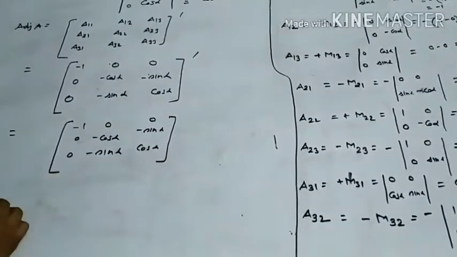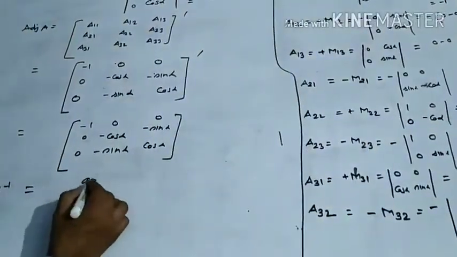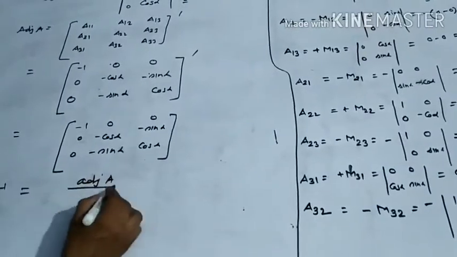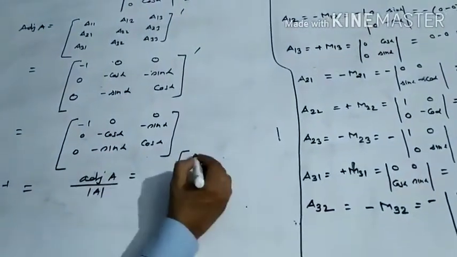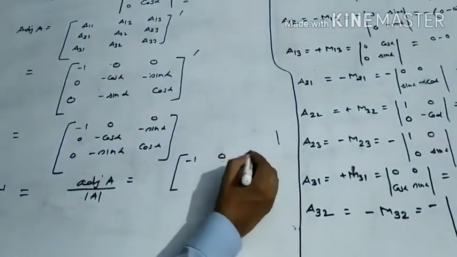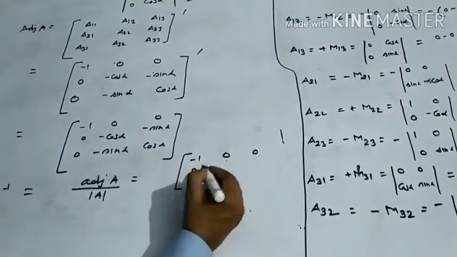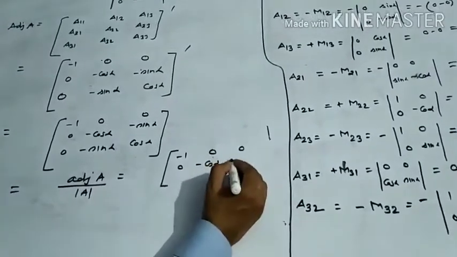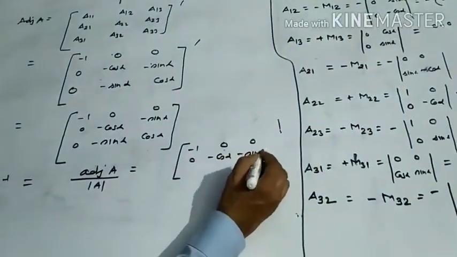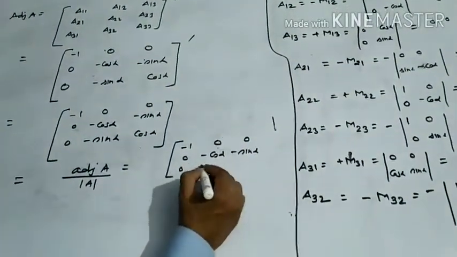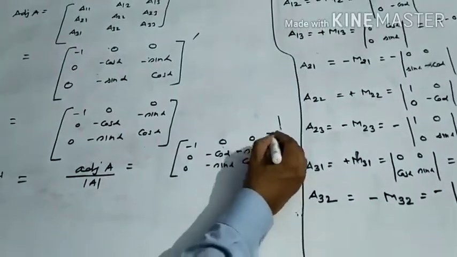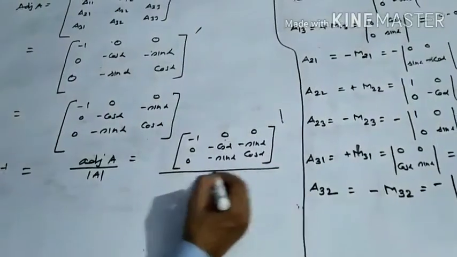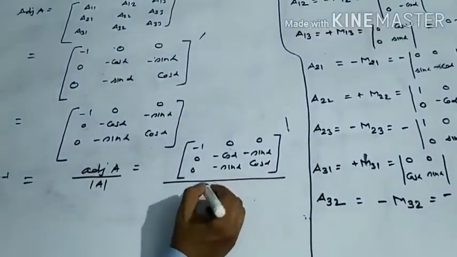So after that A inverse, this is equal to adjoint of matrix A upon determinant of A. So this is equal to minus 1 0 0 0 minus cos alpha and minus sin alpha, and then after 0 minus sin alpha, and then this is the cos alpha, and determinant value of matrix A, this is simply what, minus 1.